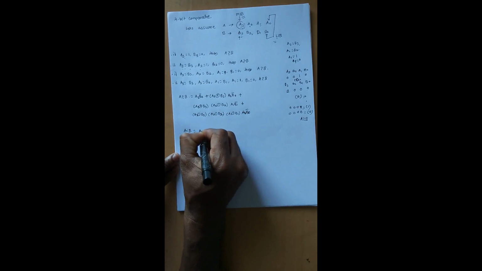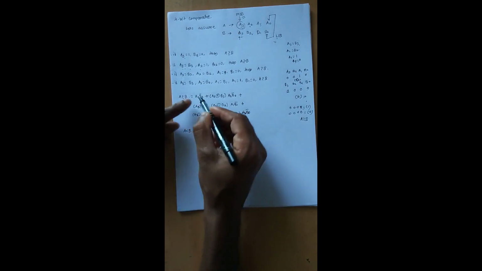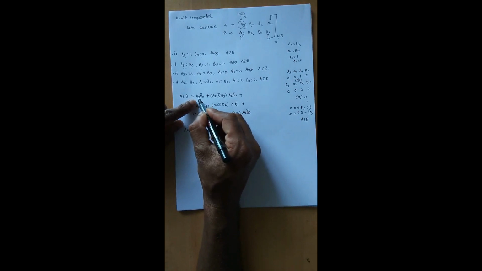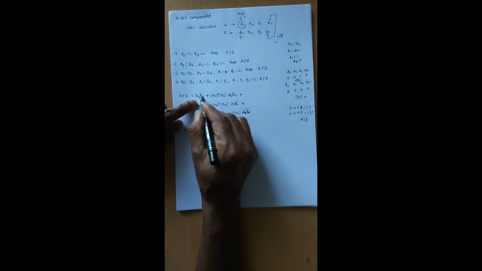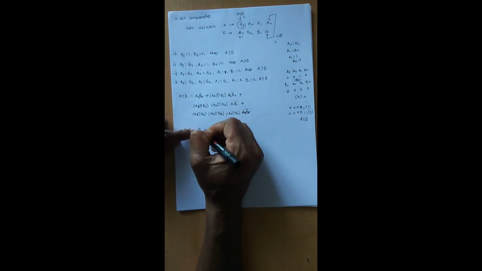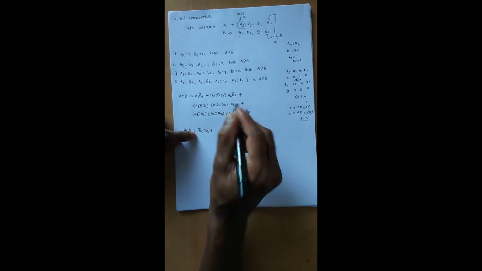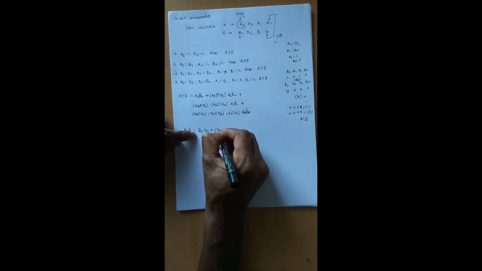This will be A3 complement into B3, because we are assuming that B3 is 1 and A3 is 0, so it will be the complement value of A3 and B3 as it is. In the second, it is not going to change.